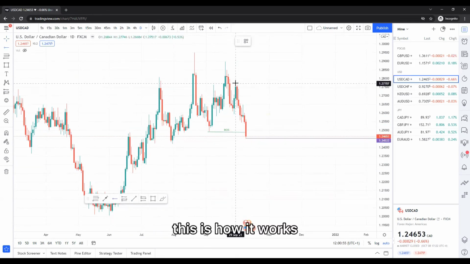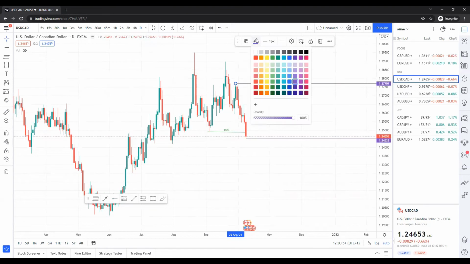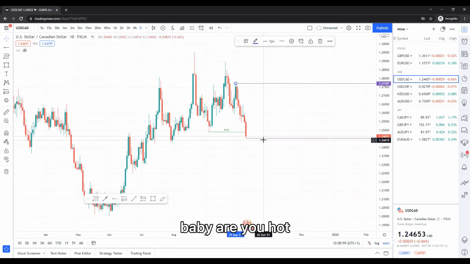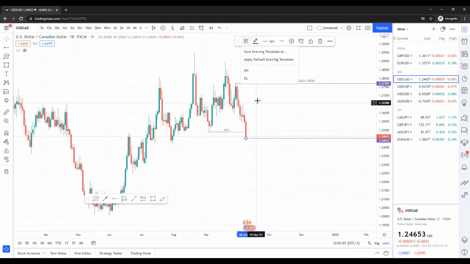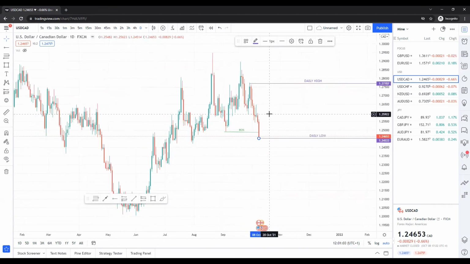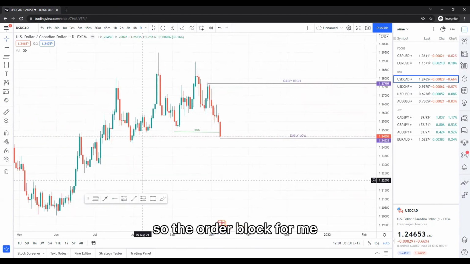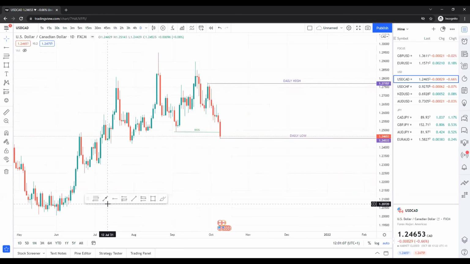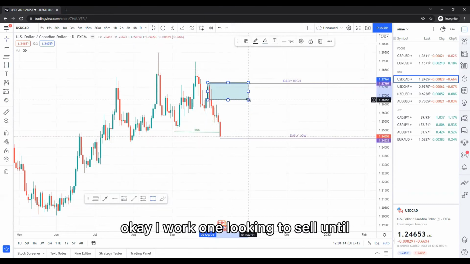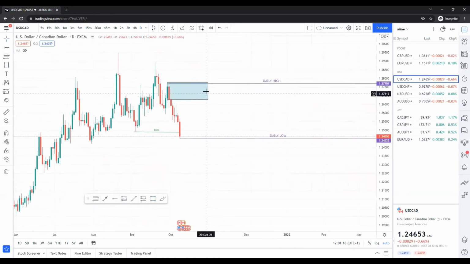And this is the high, daily high, daily low. So the order block for me is here. I won't be looking to sell until this thing.